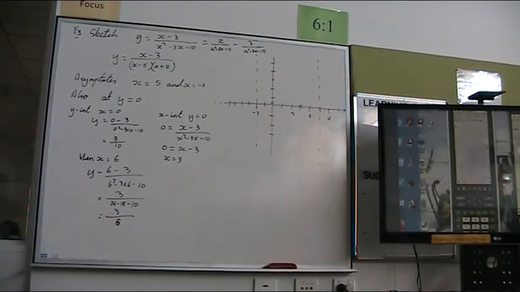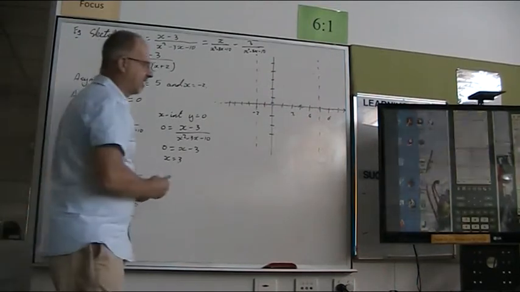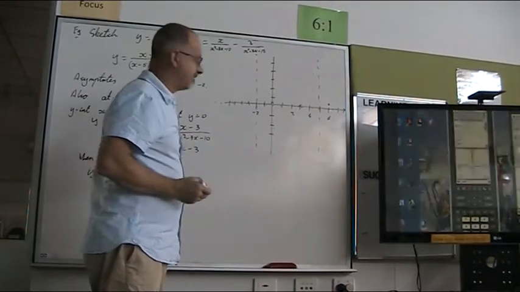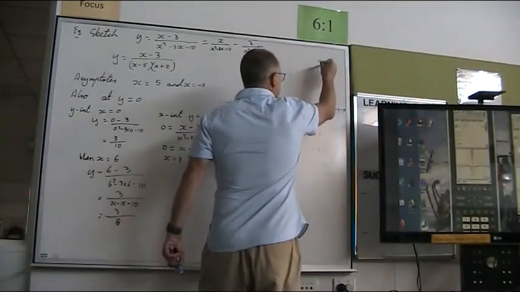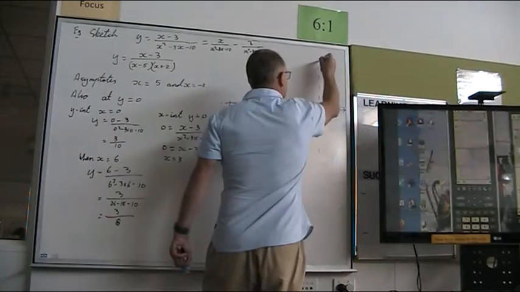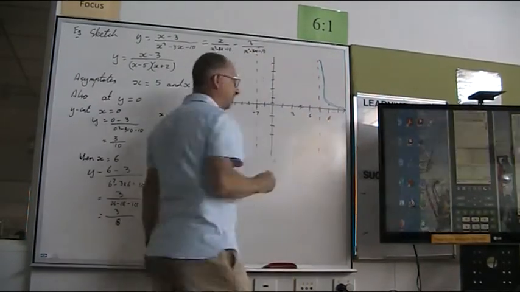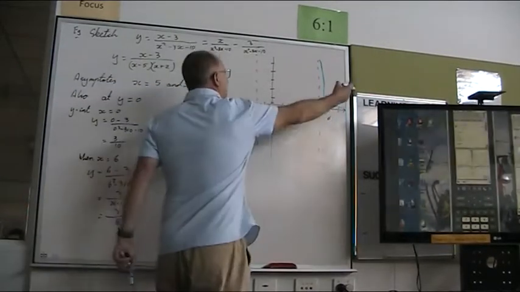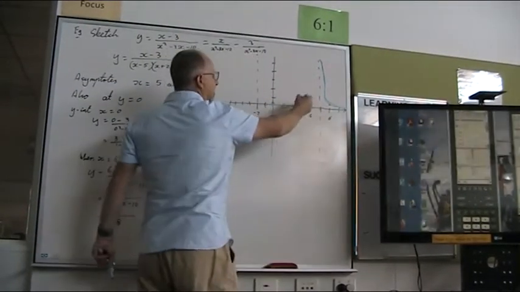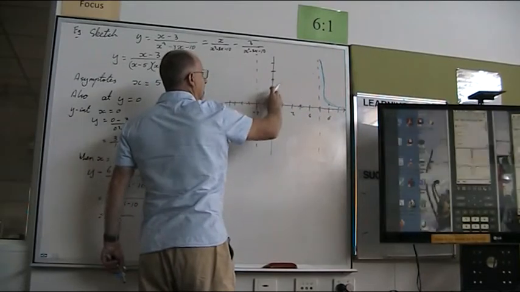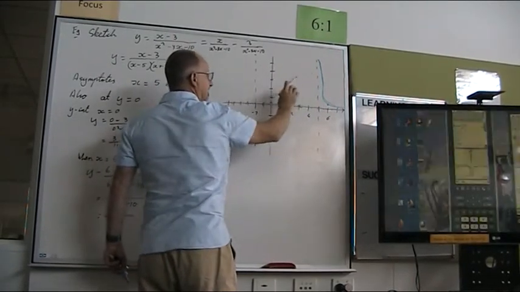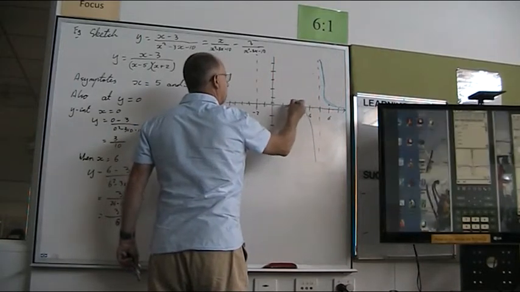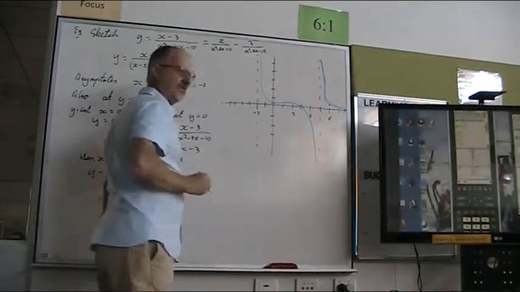3/8. So that's telling us that over here we've got a point there. So that then suggests to me this goes like this. So then if I follow that back, if that bit goes like this, and it's above the axis down this end, cuts the axis here, that suggests to me that we're going like that.